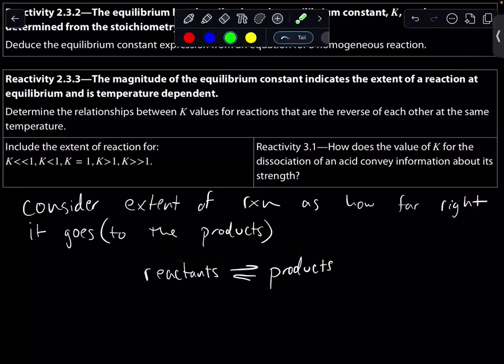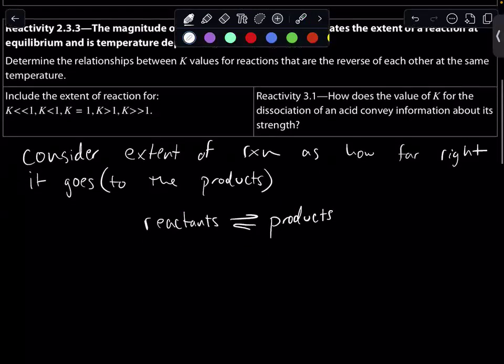If a reaction favors the reactants, then we would say the equilibrium is shifted to the left. If it favors the products, the equilibrium is shifted to the right. Now, we actually can quantify the extent of reaction, and we quantify that with the equilibrium constant. That is Kc.